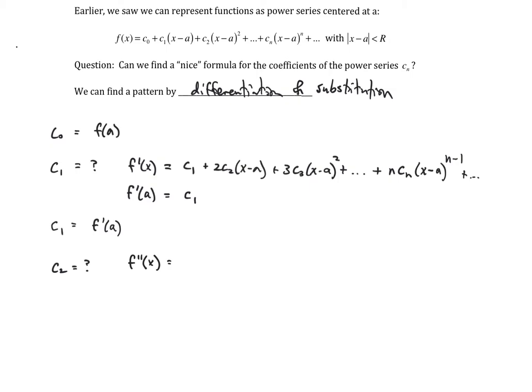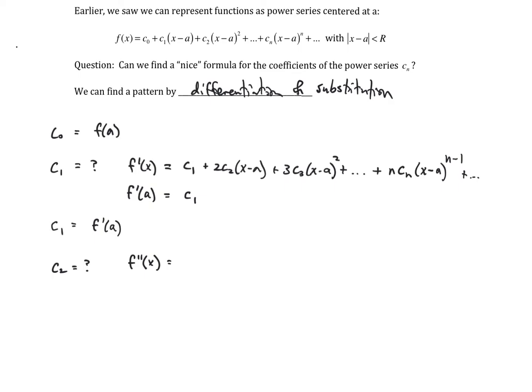And what's going to happen there? Well, the derivative of the C1 is going to be 0. And when I take the derivative of the second term, I'm going to end up with 2C2, and the x minus a part is going to go to 0.